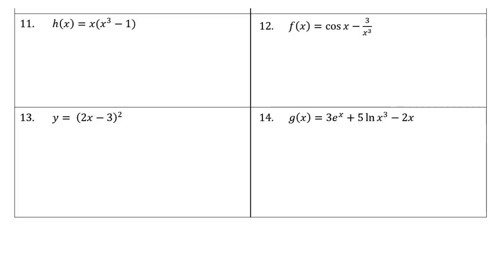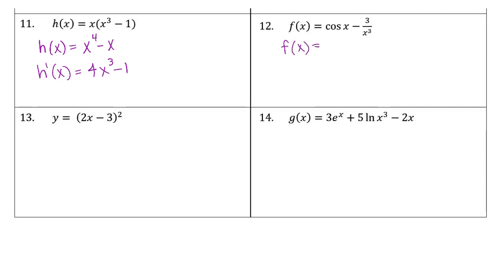All right, moving on. Now for these, you're going to have to do some rewriting, and you can definitely do our distributive property here. So I'm going to first rewrite this as x to the 4th minus x. And so h prime at x is going to be 4x cubed minus 1. Number 12, again, great problem to have to rewrite here.